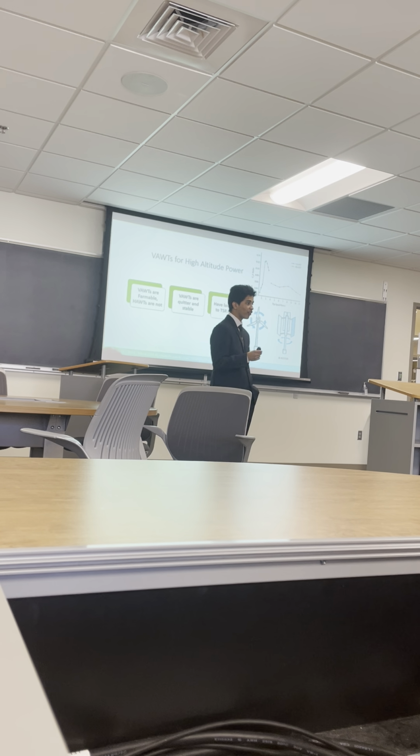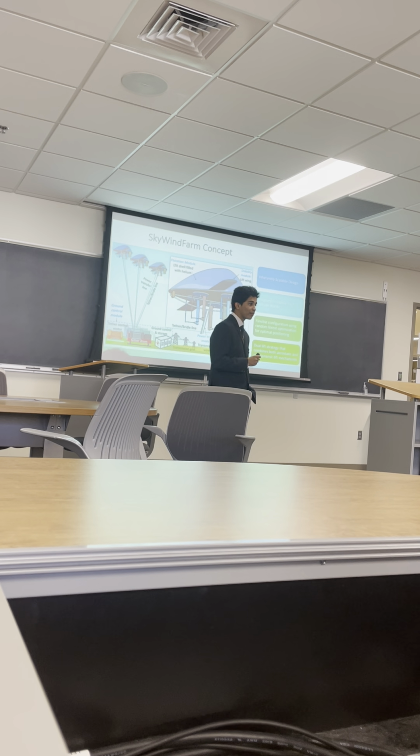In addition, a key feature of vertical axis wind turbines is that their performance increases when you form clusters, whereas for horizontal axis wind turbines, their performance significantly decreases. Those graphs indicate that relationship.